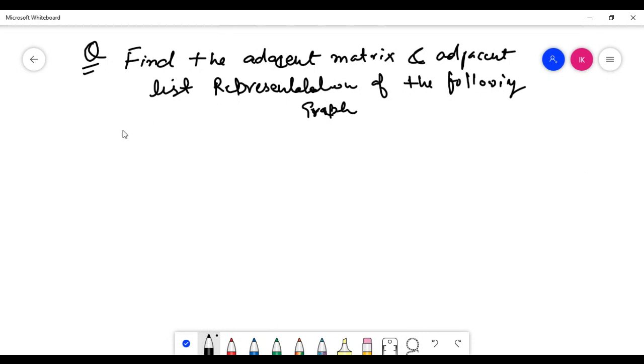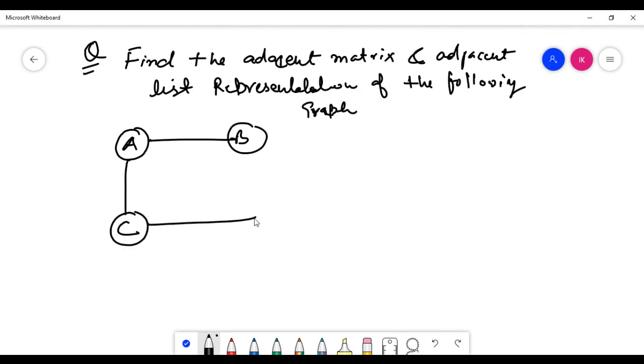I will make the graph for you. A, B, C, D, E. Take a small question, okay, not big. And what I am going to do here, I put some direction also to make it easy for you.